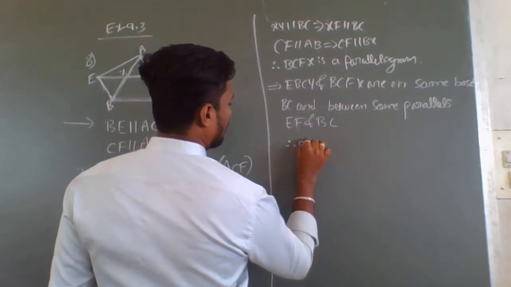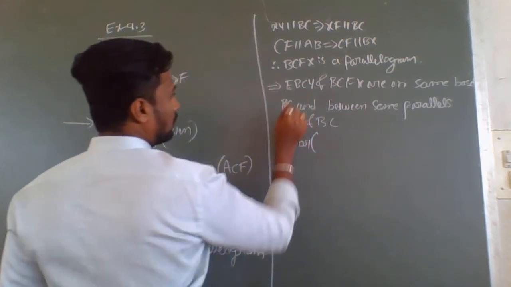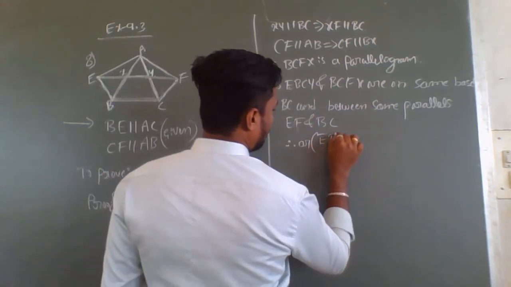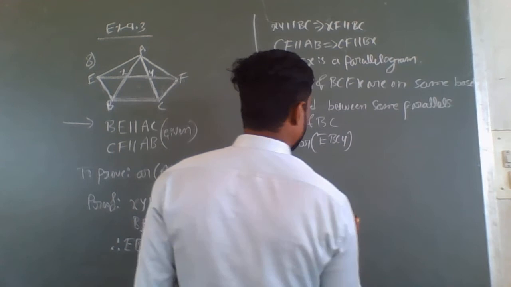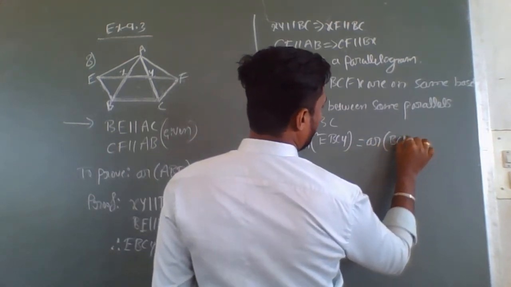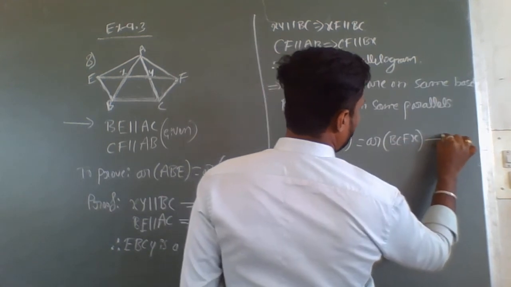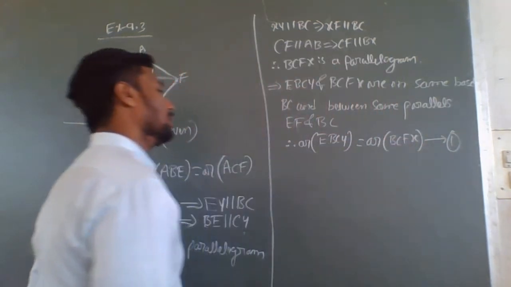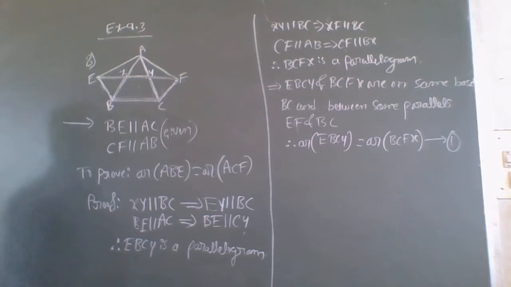Therefore, area of EBCY equals area of BCFX, and I will consider this as 1. These two parallelograms are equal in area.